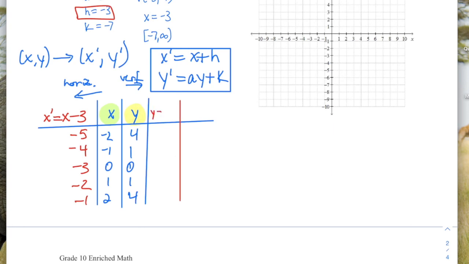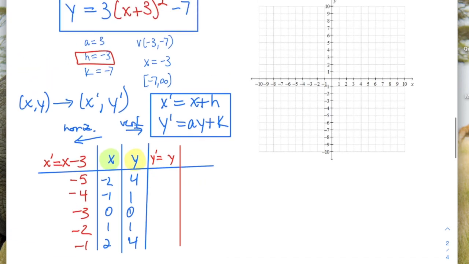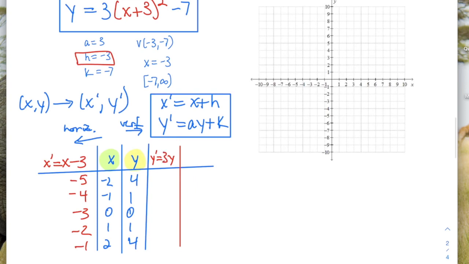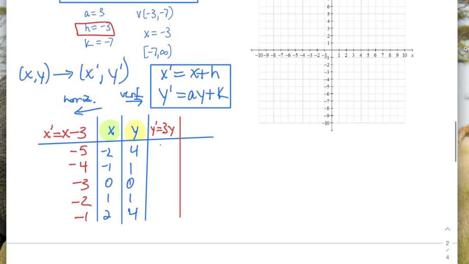So first, I'm going to multiply each, let's actually write the a value in. I'm going to multiply each of the y values by 3, since we said that a is 3. All right, so I get 12, 3, 0, 3, 12.